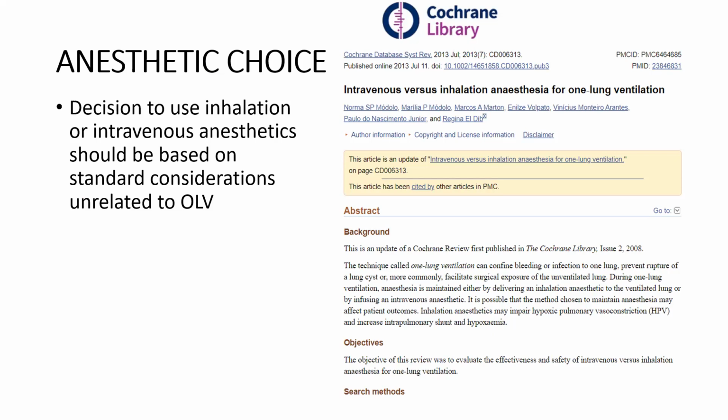A lot of studies have already been done to see whether there is any difference in outcome if we use a volatile agent or IV anesthetic agent. Most of the studies have come to the conclusion that there is no difference in terms of oxygenation or pulmonary complications if we use either inhalational or IV anesthetic agent.